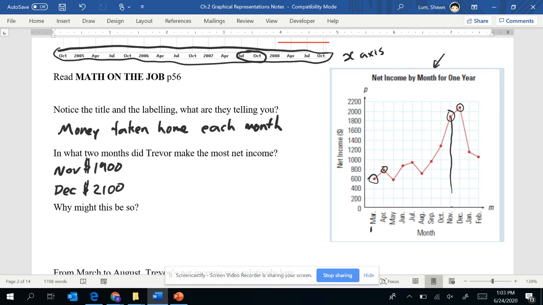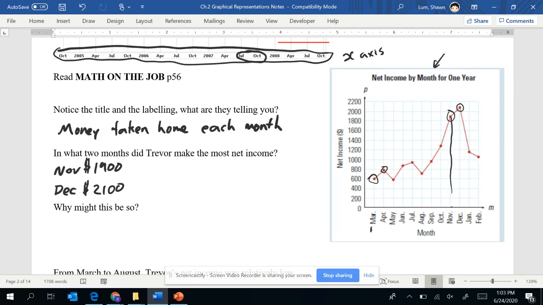Now, why would they be making more money in November and December than they make in January, February, March, April, May, and all those kind of things? So this is where the storytelling part would come in, or you need an explanation of why is it like this. And we don't know the actual reason, but you can come up with maybe a whole bunch of different guesses.